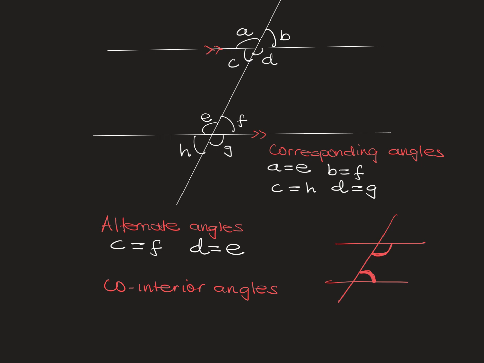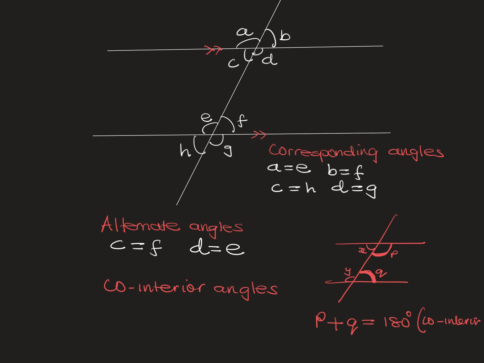So let's say this is X, this is Y, this is P, this is Q. So P plus Q is equal to 180 degrees because of the theorem that states that co-interior angles add up to 180 degrees.